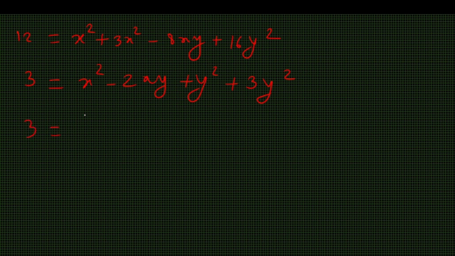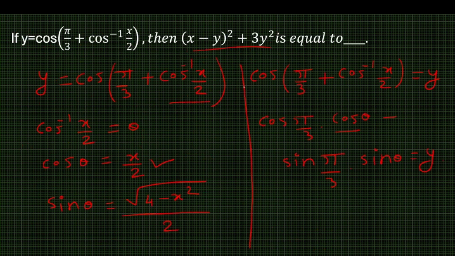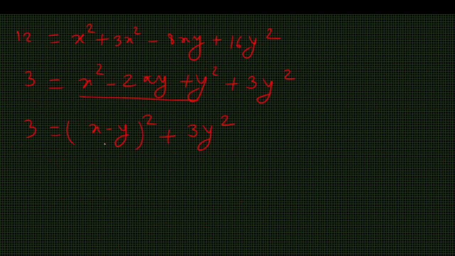Now 3 is equals to, this is expansion of x minus y bracket square, x minus y bracket square plus 3y square. And we can see in the equation we have to find x minus y bracket square plus 3y square, which is equals to 3. So this is our last answer.